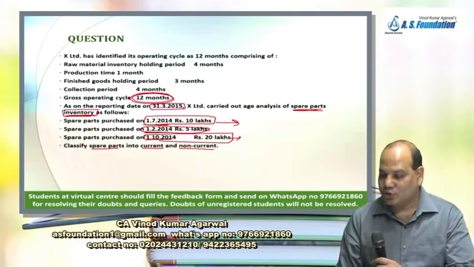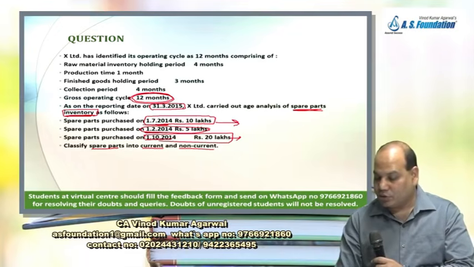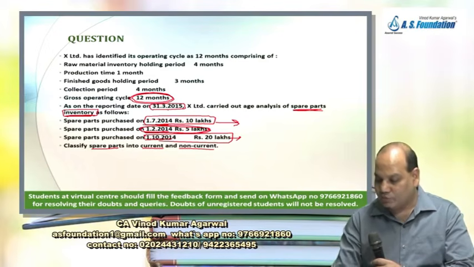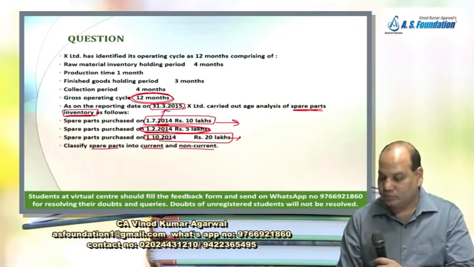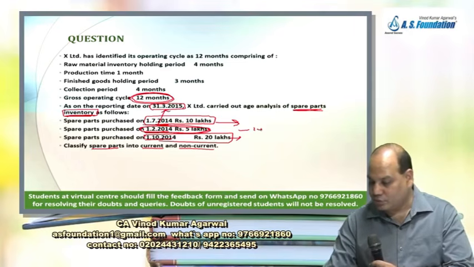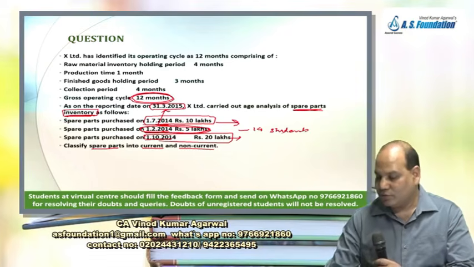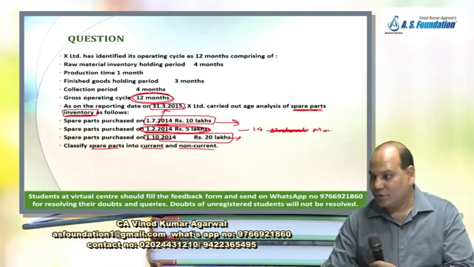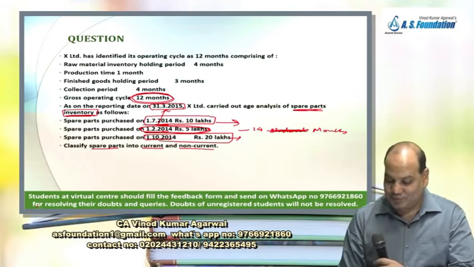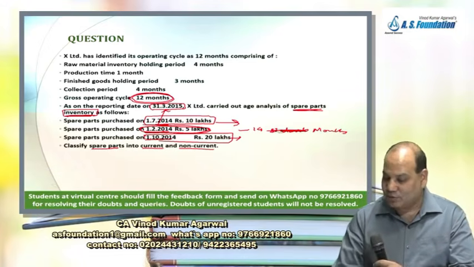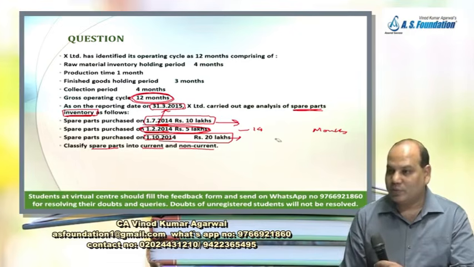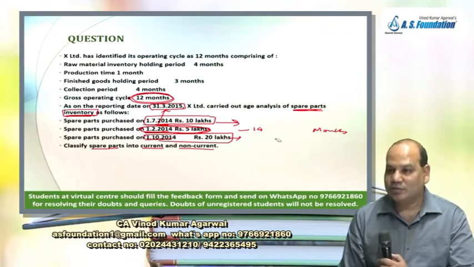But the second you are holding since more than 12 months now. Count the number of months from 1/2/14 to 31st March 15. Around 14 months. Students will be tempted to answer non-current.